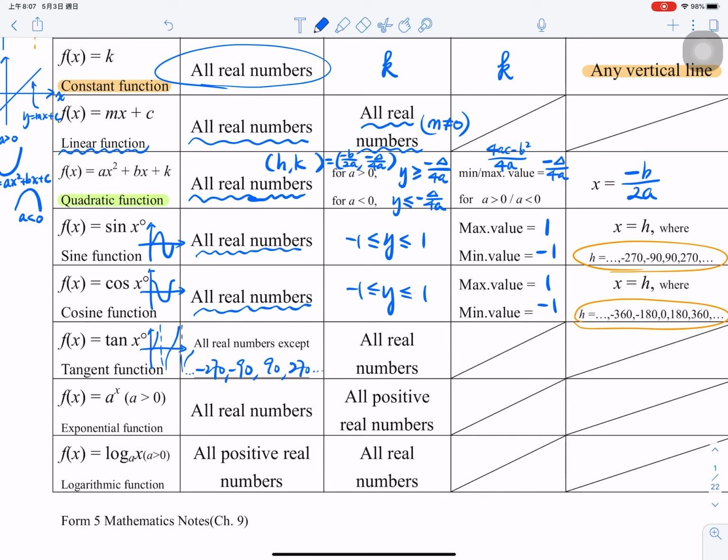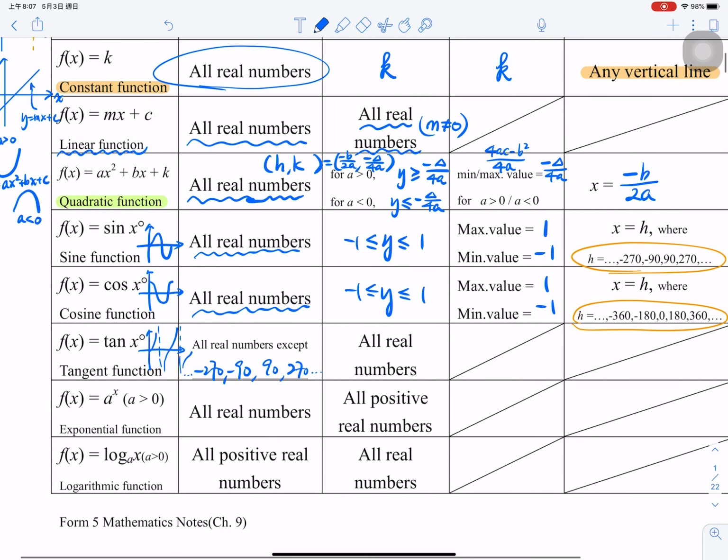So this time tangent x, the range of tangent x is all real numbers, right? Because it goes up to infinity, and after 90 degrees from negative infinity, it goes up again like this.